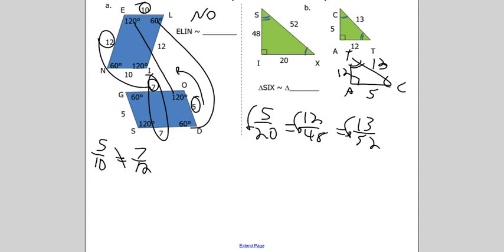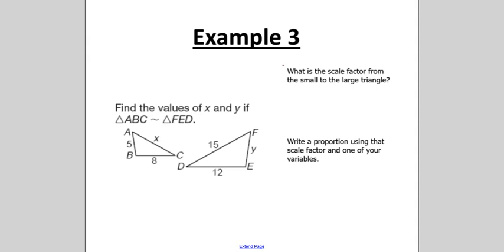Therefore, the answer is yes. But if you want to do it, 5 divided by 20 is 0.25. And if you do this one, you get 0.25, 0.25. So the answer is yes. Now you have to be careful with the letters. So SIX is similar to TAC. All right.